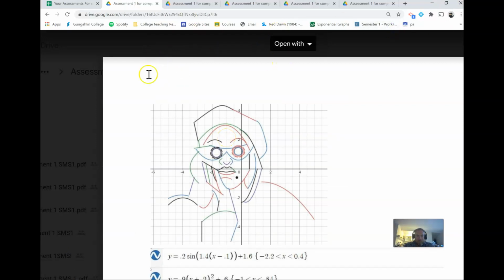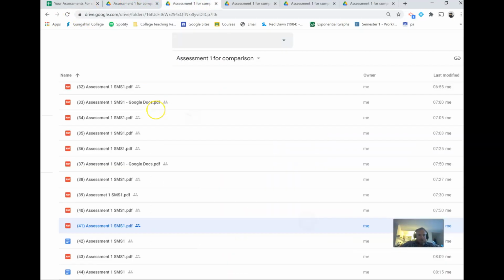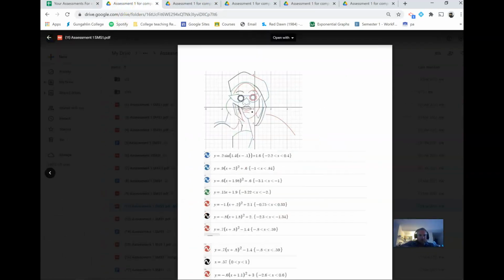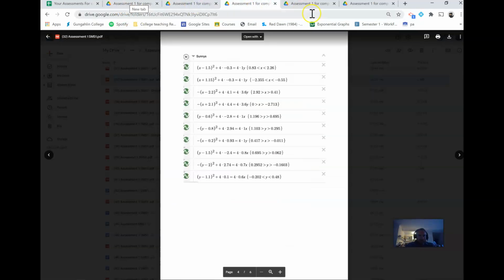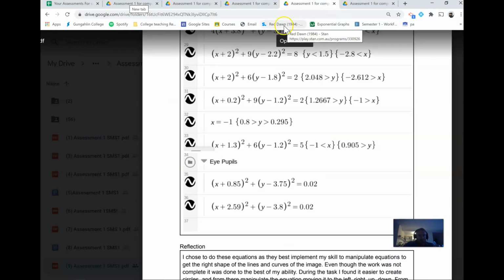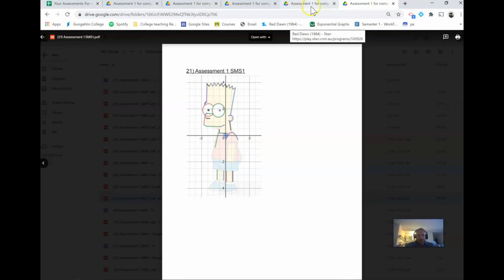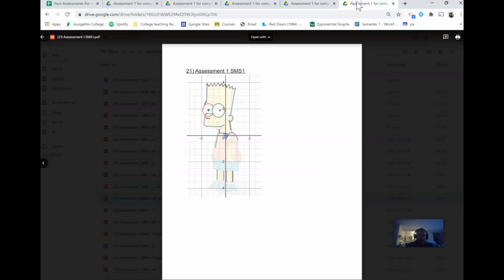The numbers go, what were the numbers? So 11, 41, 32, 9, and 21. 11, 41, 32, 9, 21.